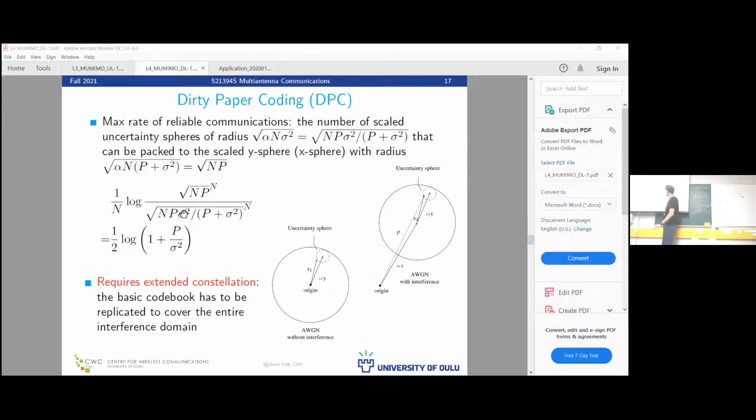But when we are replicating, if you are not scaling the noise sphere by alpha, then we start to have errors between these replicas, right? So the scaling is mandatory for optimality, so that we can pack these X spheres as close to each other as possible, right?